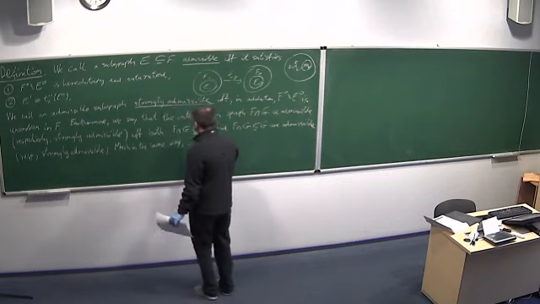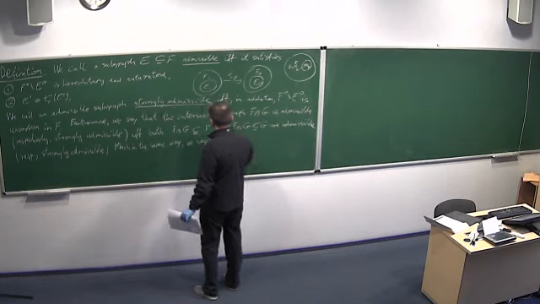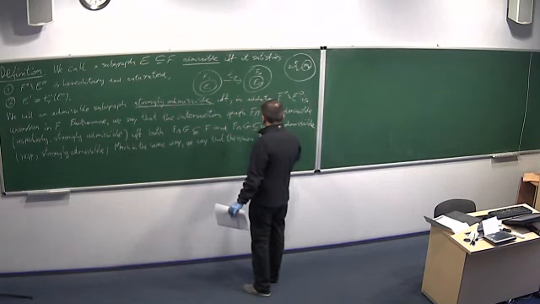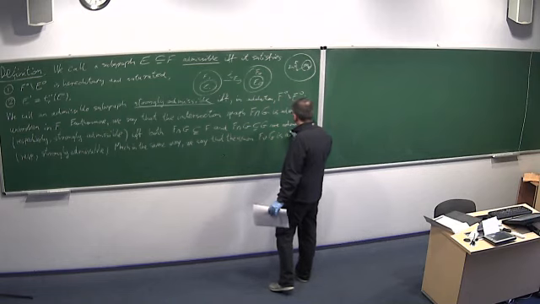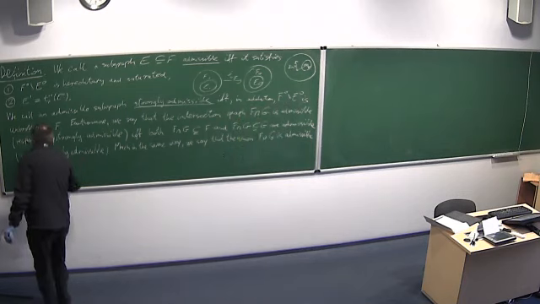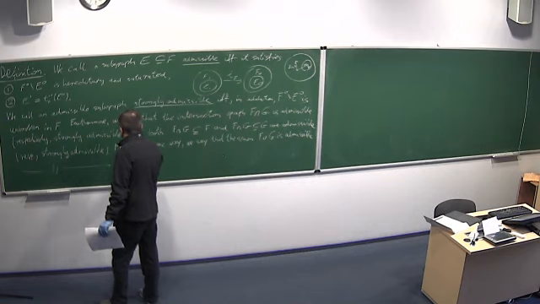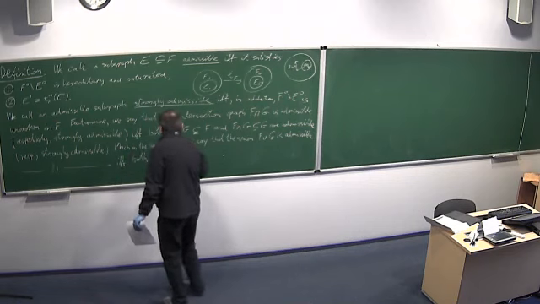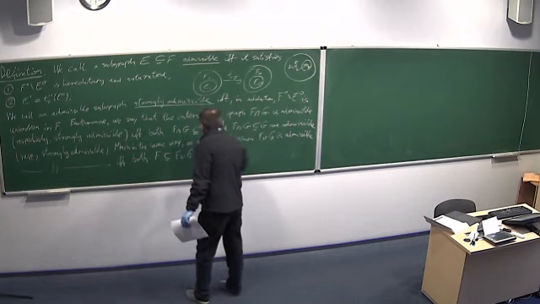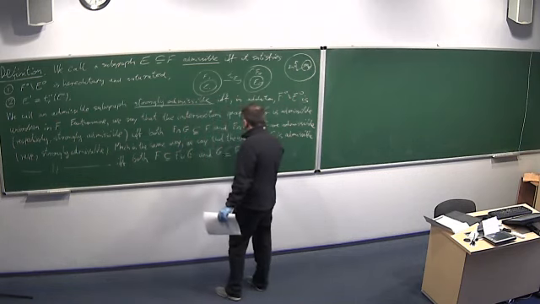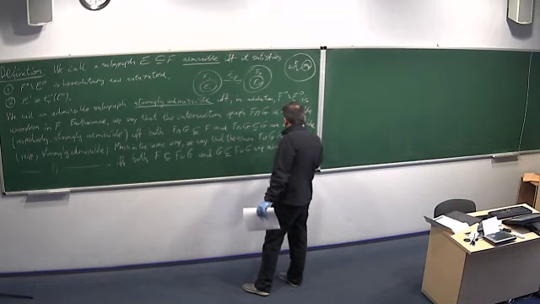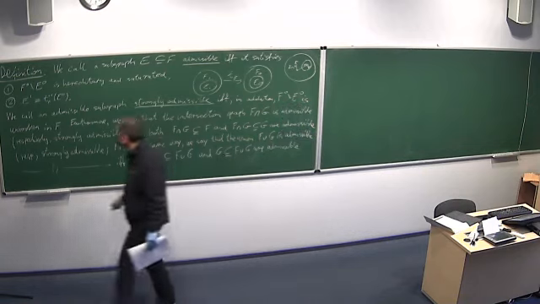We say that the union F union G is admissible, respectively strongly admissible, whenever both F viewed as a subgraph in F union G and G viewed as a subgraph in F union G are admissible, respectively strongly admissible.